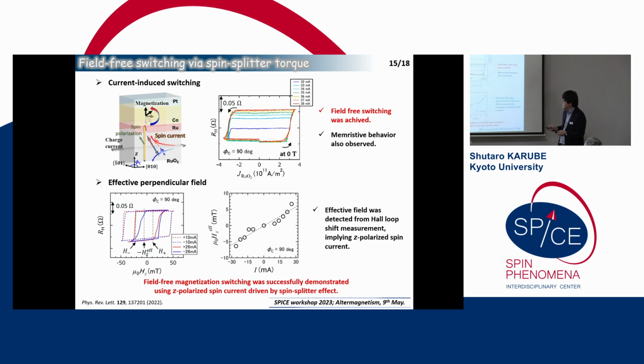These are results with different applied charge current amplitudes. So this is the summarized data: the effective perpendicular field as a function of the applied current. We found a linearity, which supports the effective field. So field-free magnetization switching was successfully demonstrated using the Z-polarized spin current driven by the spin splitter effect.